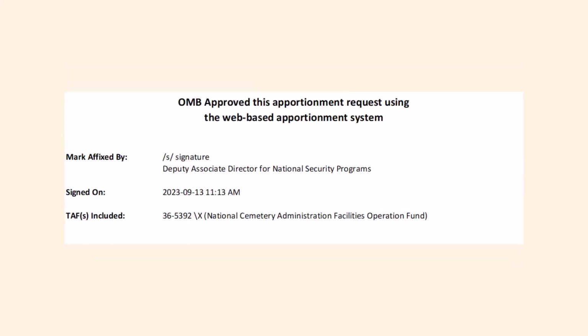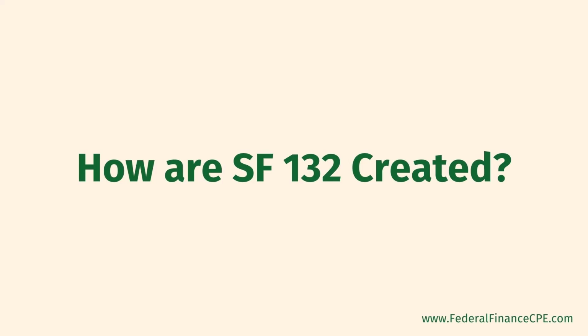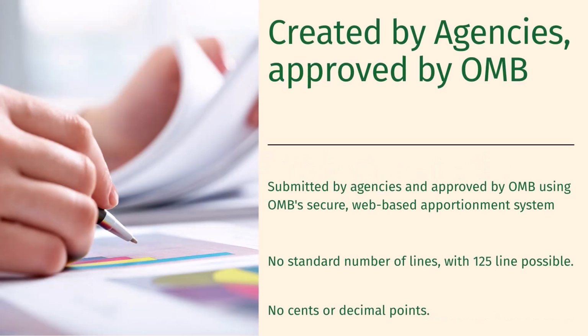The approval section shows the signature of the Deputy Associate Director of National Security Programs, the approval date, and confirms the account included in this apportionment. So how are apportionments created? So now that we've examined SF-132 in detail, let's discuss how they're created.